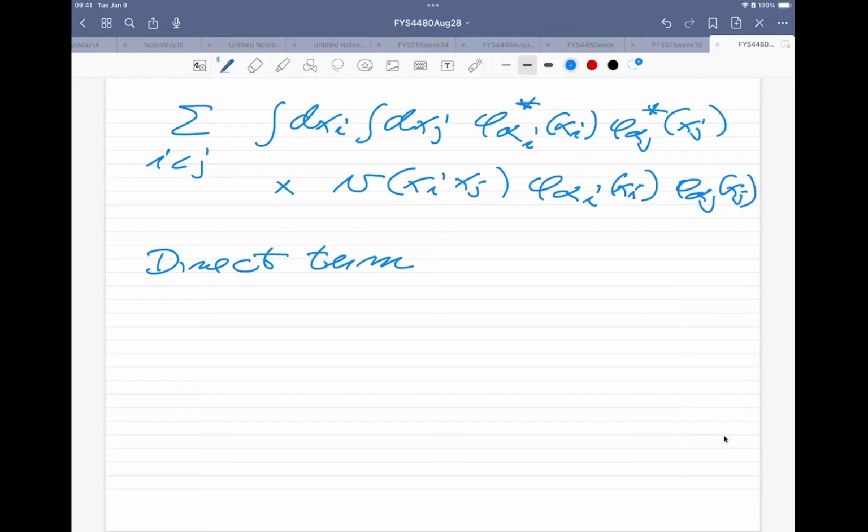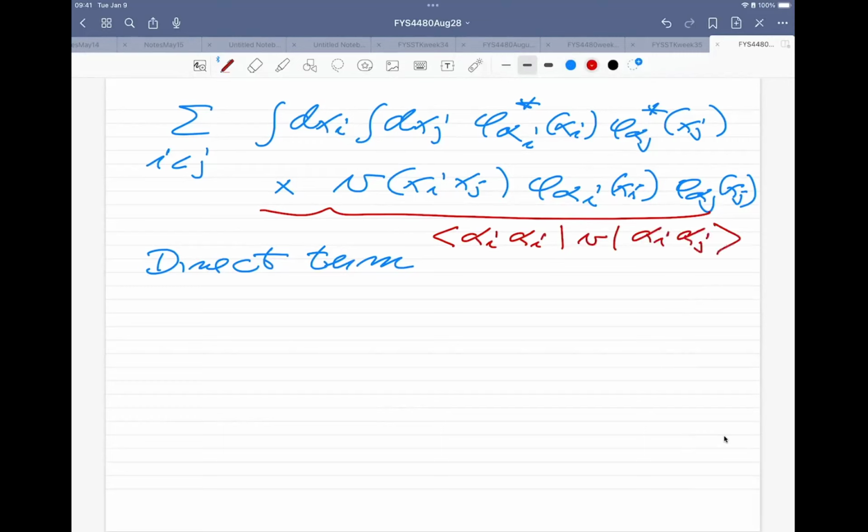Okay, so if we do that, then we are going to use a shorthand here. Remember that last time we gave this integral a shorthand in terms of the Dirac bracket notation. And so we simply wrote this integral as alpha i, alpha j of v, alpha i and alpha j. So the way you can think of this is that particle 1 is in that slot, and particle 2 is in that slot.